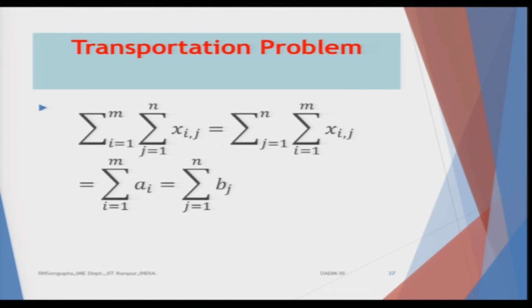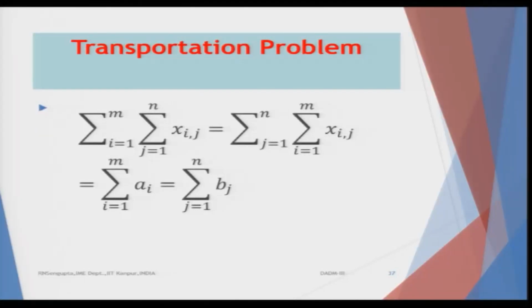If I add up all the values in all the cells of the matrix, which denotes the total quantum of transportation taking place from each of these origins to the destinations, that is x_ij, summed over i equal to 1 to m and j equal to 1 to n, it should be equal to the sum of all the a's or the sum of all the b's.